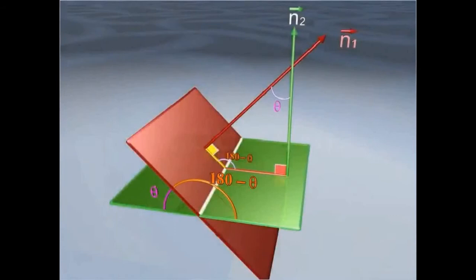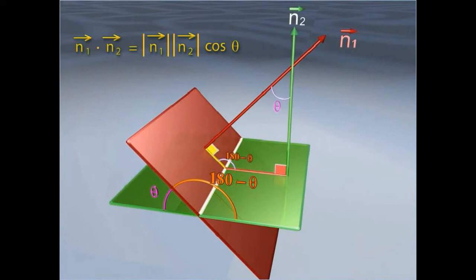Let us now calculate the angle between the two normals, which can be calculated by using the fact that the dot product of vectors n1 and n2 is equal to the product of the magnitude of vector n1, the magnitude of vector n2 and cosine of angle theta.